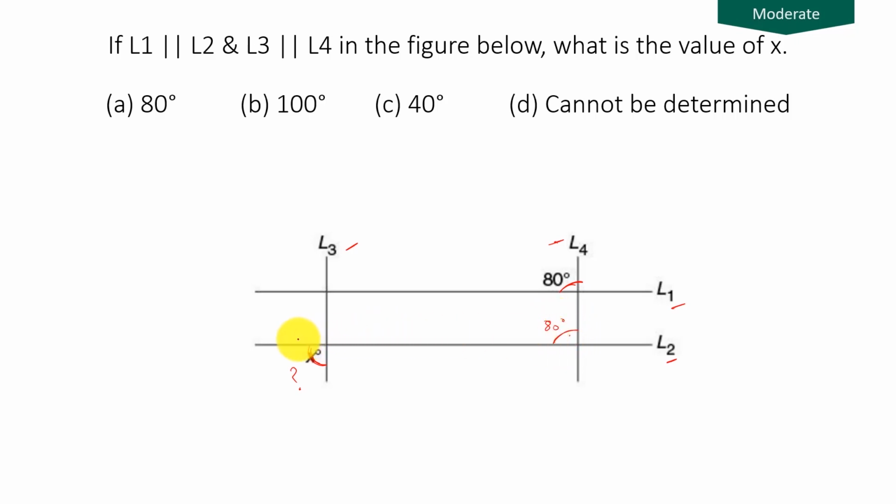If this angle is 80 degrees, this angle is going to be 80 degrees. And now since these are on the same side of L3, the sum is going to be x plus 80 equal to 180 degrees. So x is going to be 100 degrees. Whenever you see parallel lines, always remember those few properties of corresponding angles, opposite angles, alternate interior angles, sum of interior angles, and so on.